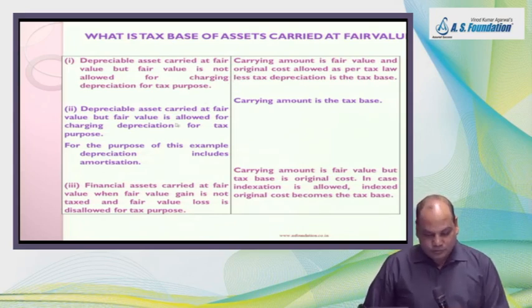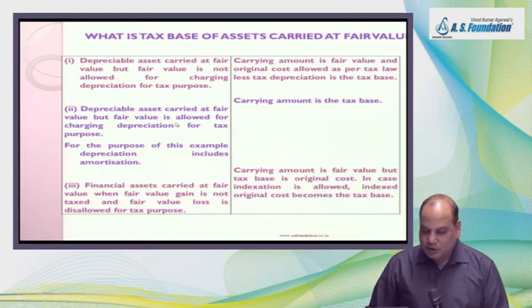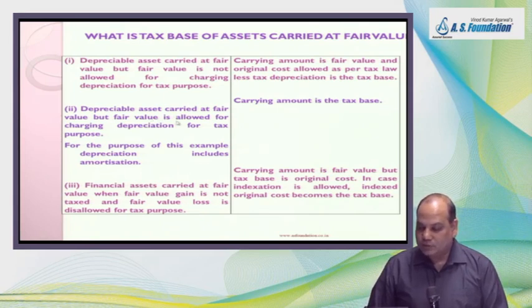So case number 2, depreciable asset carried at fair value, and fair value is allowed for charging depreciation for tax purpose. For this example, depreciation and amortization are the same. So in this case, since the tax base is also allowed to be revalued, the carrying amount is the tax base.